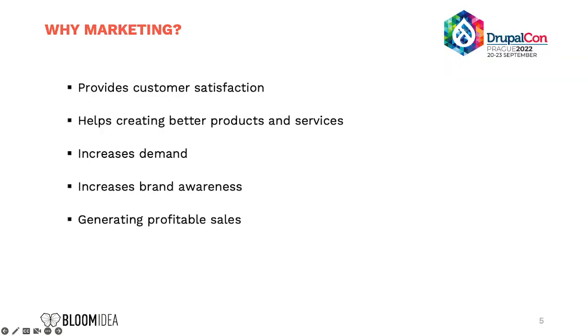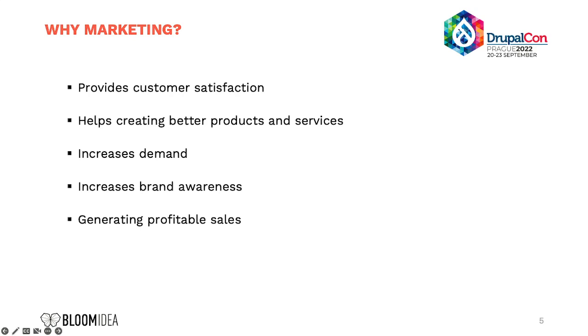Why do we need marketing? Marketing is one of the most important business activities a company can do. It makes the difference between a successful company and a failed one. It's also very important to society, because marketing has the objective of building great products and services, and we all use products and services.